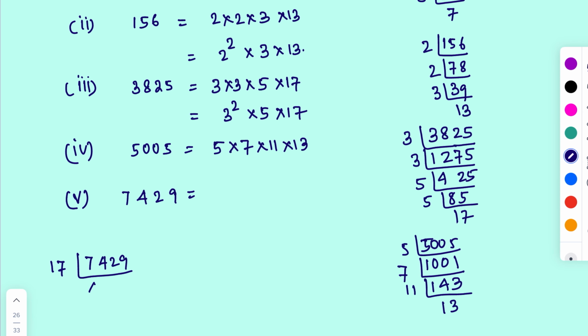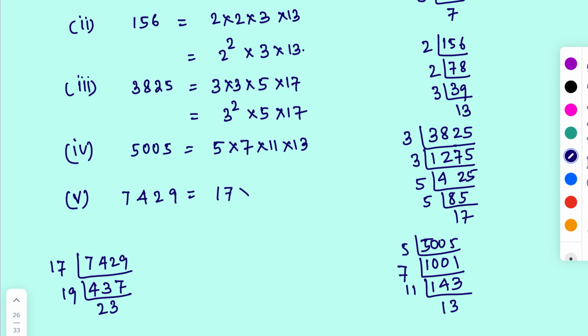Again 437, if we divide by 19, then it will be equal to 23. That means that is 17 multiplied by 19 multiplied by 23. This is the prime factorization of 7429.